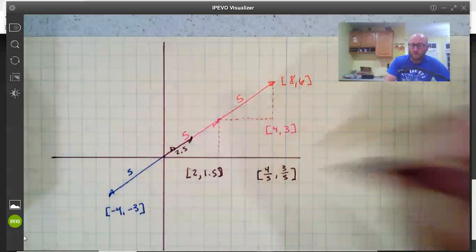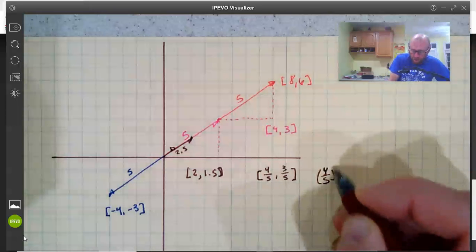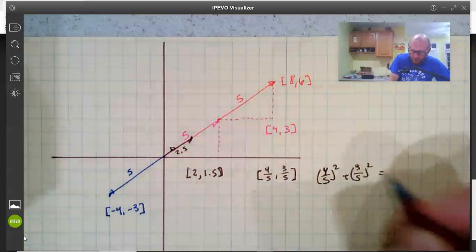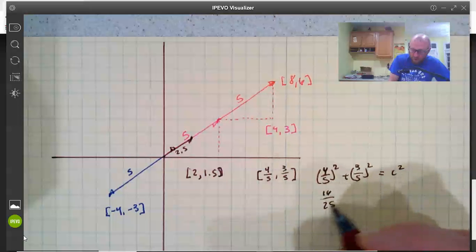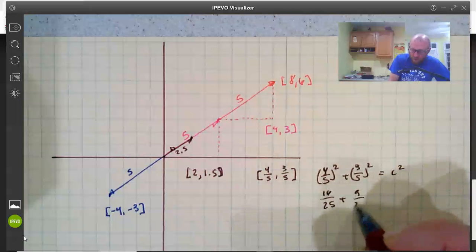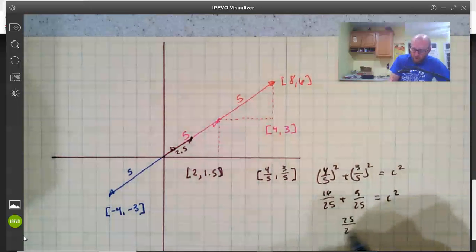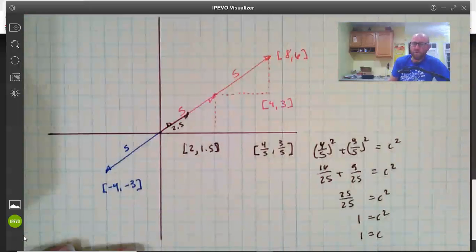And if we were to apply Pythagorean theorem here and check it, we'd have 4/5 squared plus 3/5 squared equals c squared. So that's 16/25, and 9/25 is c squared. That's 25/25 is c squared, or 1 equals c squared, or 1 just equals c.